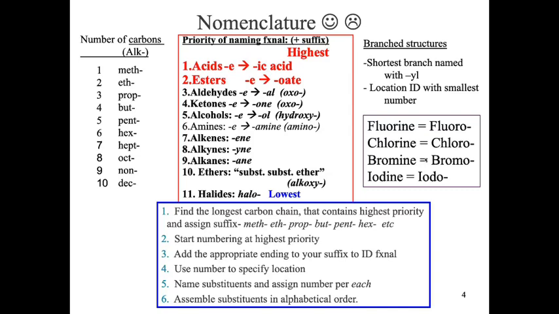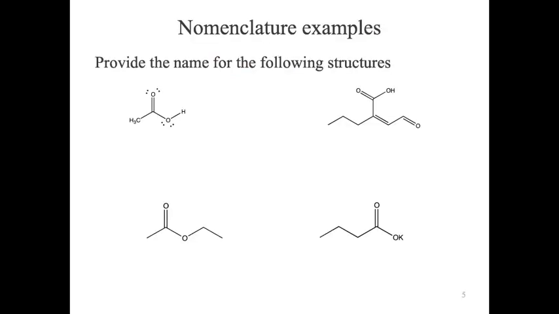Okay. So let's take a look at the ester first. We have this OATE. Right, so if we go to the next slide, we only have one ester really shown here, and that's at the bottom. Okay. So we know the OATE ending has to go in there. Well, how many carbons are connected to the OATE?